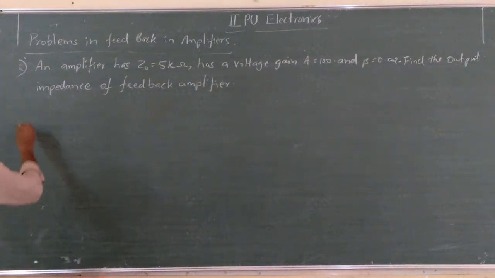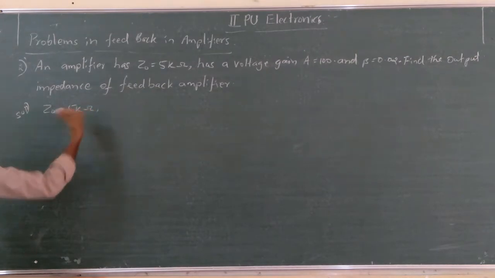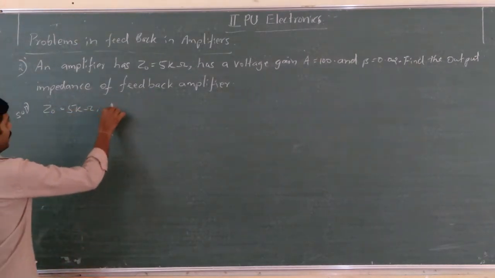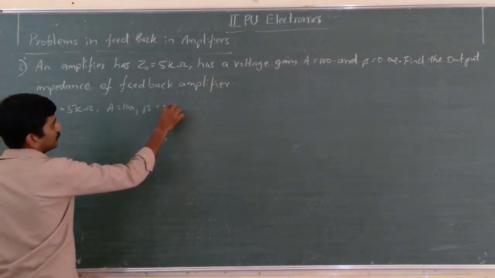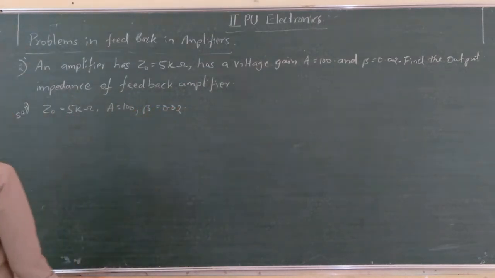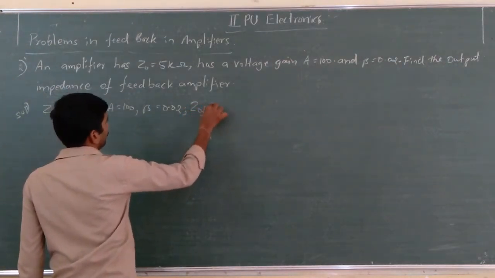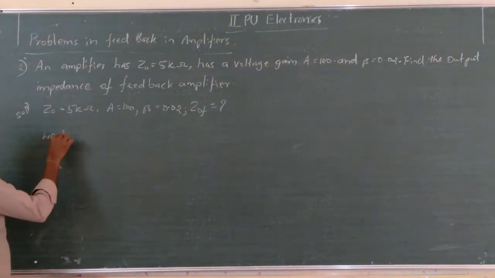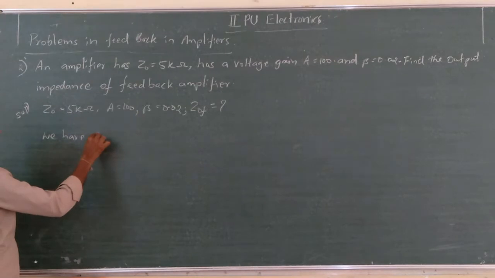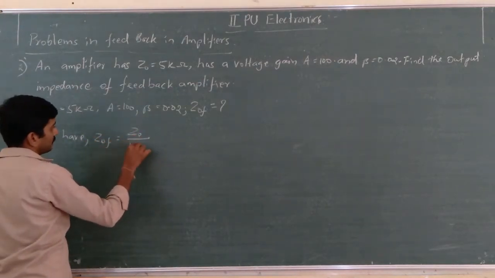Okay. Solution. All are directly given. Output impedance Z naught is 5 kilo ohm, voltage gain A is 100, and feedback fraction is 0.02. Find the output impedance of the feedback amplifier, ZOF. We have decreased output impedance: ZOF is equal to Z naught divided by (1 plus A beta).